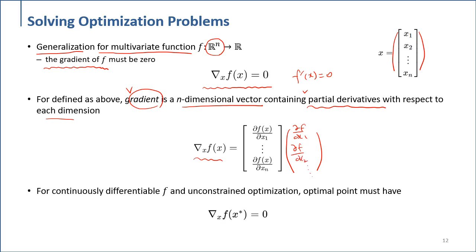Similarly, partial f over partial xn is the nth component of the gradient vector. So we know the simple mathematical expression of the gradient, right? For a continuously differentiable f, we can simply rewrite the condition as the gradient of f at x star equal to 0.